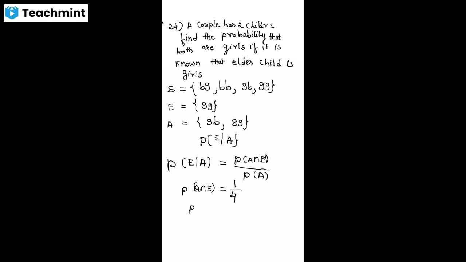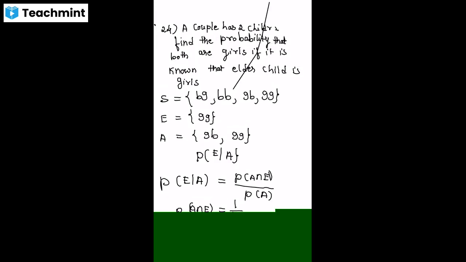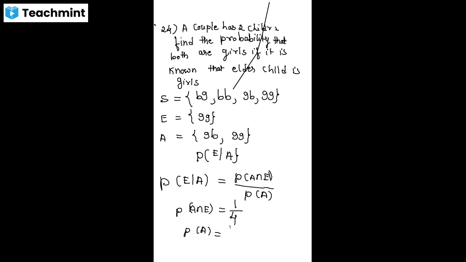Next, probability of A. In A, how many are there? Two. Only two sample space points are there, out of how many?